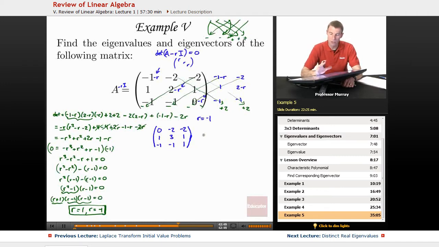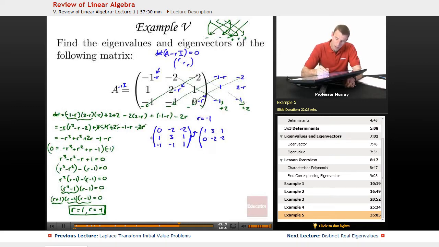And so I want to find eigenvectors corresponding to this matrix, which means I have to do row operations on this matrix. I think what I'm going to do is bring this third row up to the top, and then use that to clear out the other rows. I'll put 1, 3, 1 on the top row. Switch that down to 0, negative 2, negative 2.